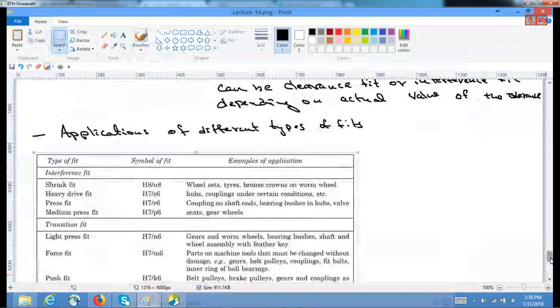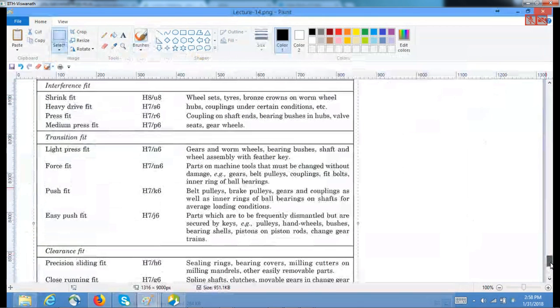Depending upon the size of fit, if it is a press fit, whatever might be the basic dimensions, it is like H8 by U8, which you often see in applications like wheel sets, tires, bronze cones, or worm wheels, etc.